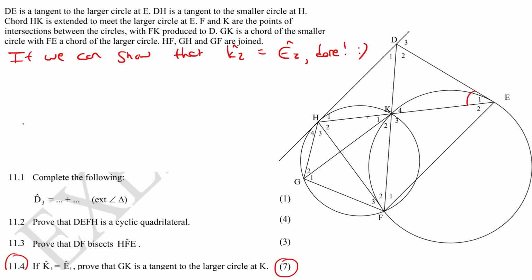Knowing that K1 is the same as E1. Oh, there's so many angles that are actually the same in this question. These two are the same. And then we know that H1, because of the tan chord theorem, was the same as that one. And then earlier we showed that this angle from its tangent is the same as this one.